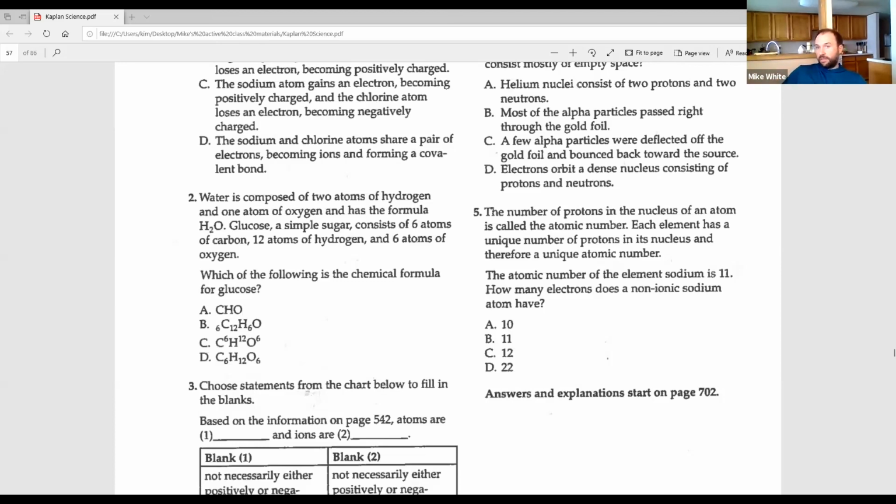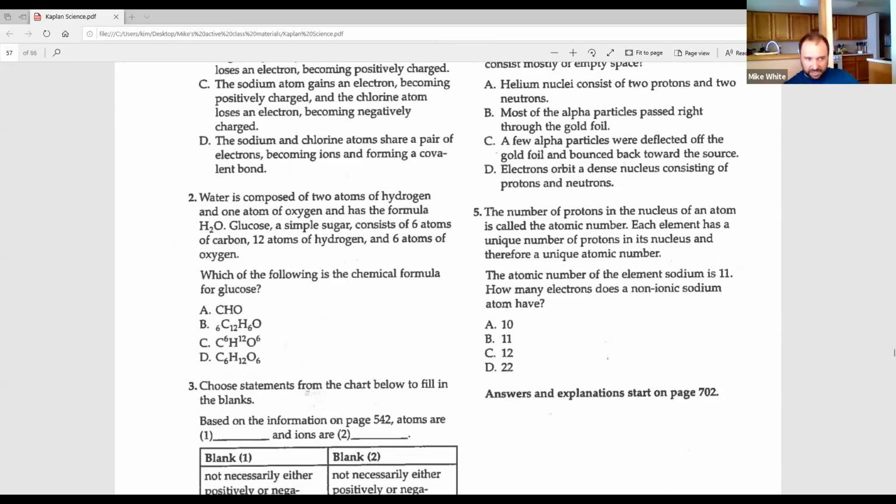But the numbers up on the top, each element is numbered 1 through whatever, right? And the numbers they're ordered by are this atomic number. That's what we're talking about, right? And so each element has a unique number of protons in its nucleus, and therefore a unique atomic number.